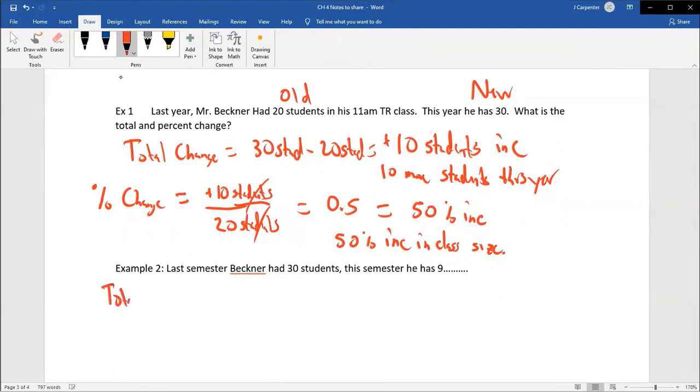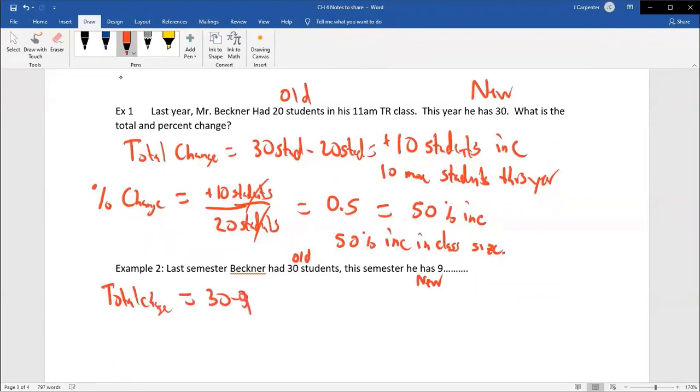So our total change, well, the old was the 30. And you have to be careful. They may tell you these in opposite orders. I could certainly tell you the new thing and then the old thing. I could say this semester I've got 9, the last semester I had 30. So don't just think old comes first, new comes second. Pay attention to the details. Read. Total change is the difference of these. Old minus new, correct?